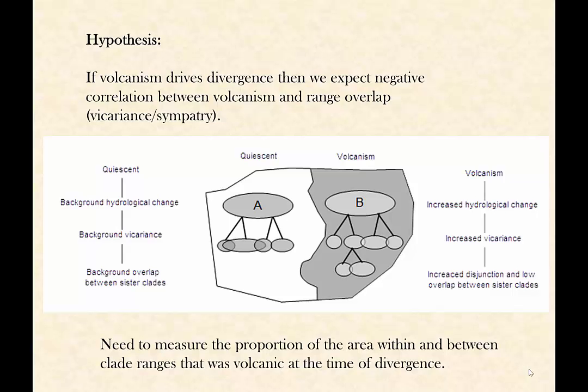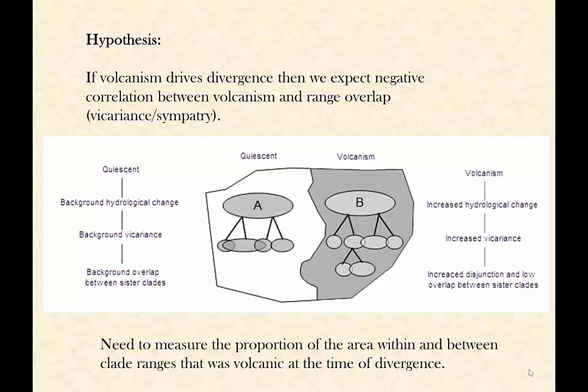Whereas if we've got lots of volcanism breaking apart the hydrological network, then we would expect the species that are closest related to each other to be in different places. So we'd expect increased disjunction and low overlap in areas of volcanism, if volcanism is driving hydrological change, which is driving speciation.